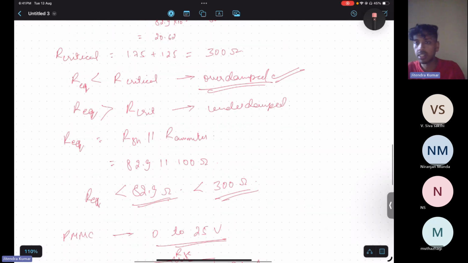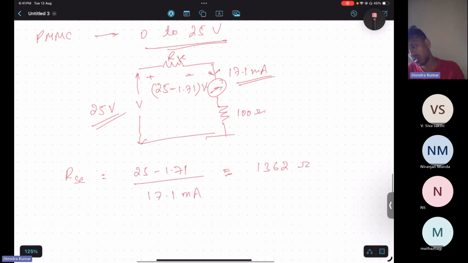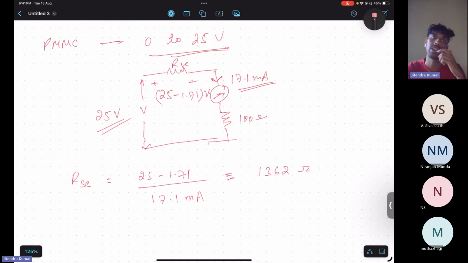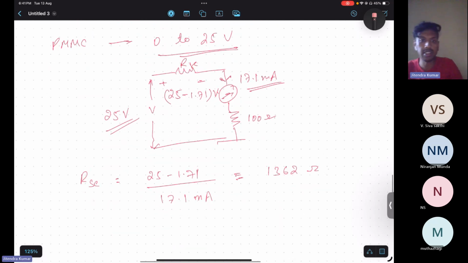Are we sure we are not committing any mistake? Because 17.1 milliampere is the full scale, and 1.36 kilo ohm, right? And again, the range is given wrong. So this 17.1 milliampere is full scale deflection. Is it correct? Let me verify it first.